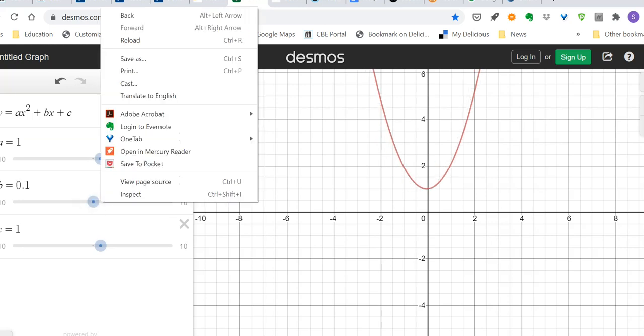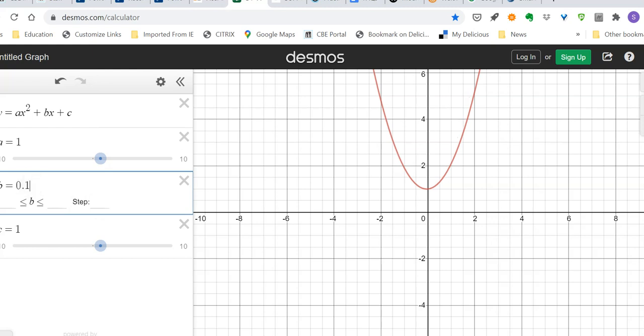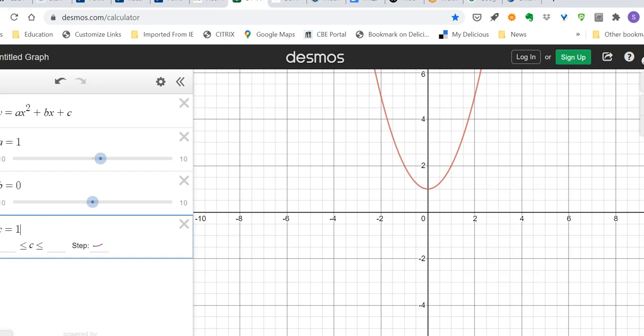I'm going to set b and c to 0. All right, there's your basic quadratic, right? Remember that fateful day, first graphing the quadratic, and you thought, is this ever going to end with these quadratics? So it's y equals ax squared.